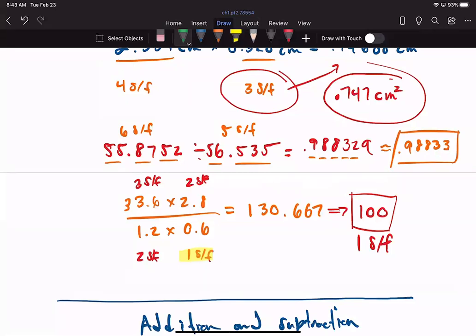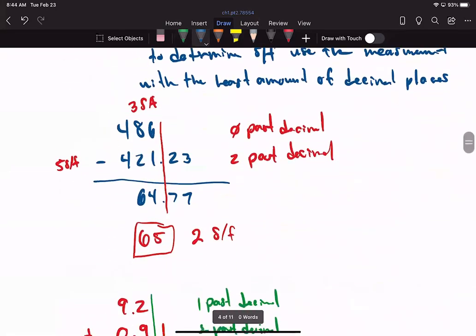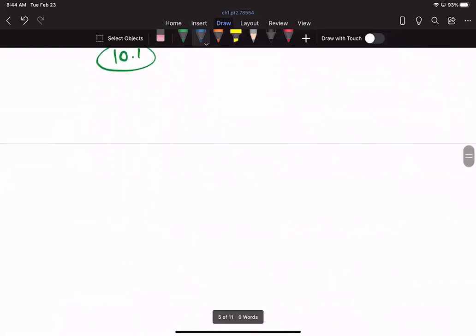But if you have a calculation where it's all multiplication, all division, or all multiplication and division, don't do your significant figures until you're at the end. That's when you determine your significant figures. Don't do it in the middle. But when we have mixed order of operations, that's a little different because we do have to keep those separated.